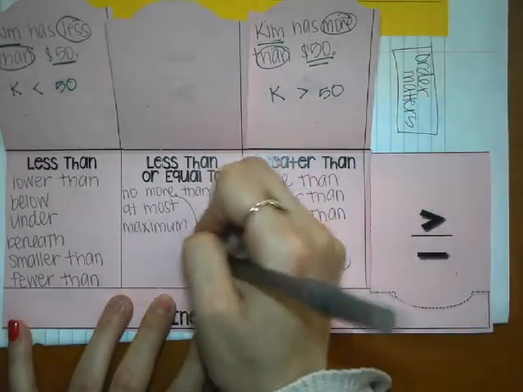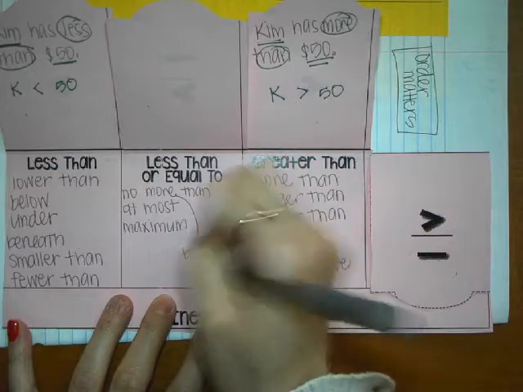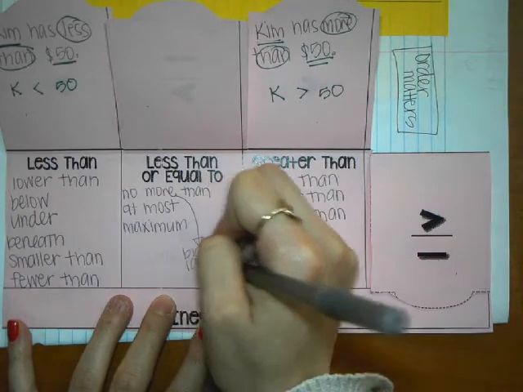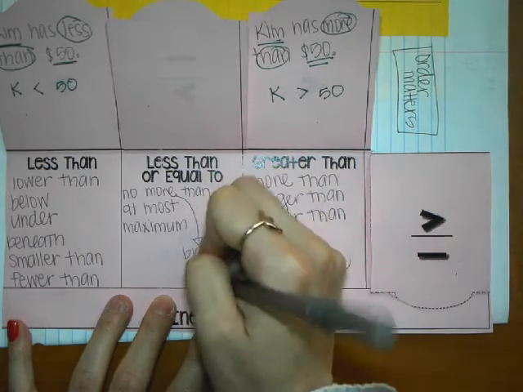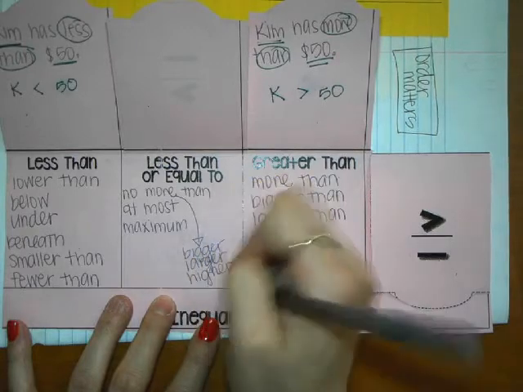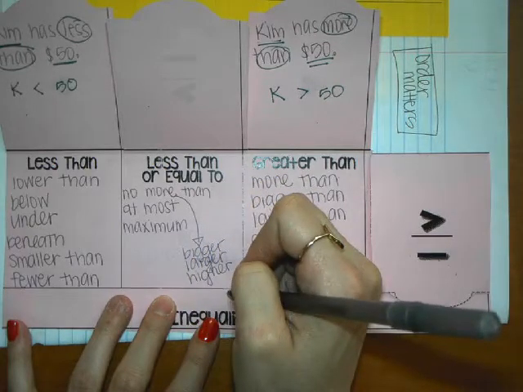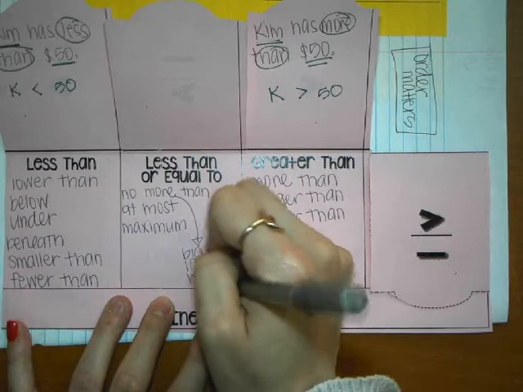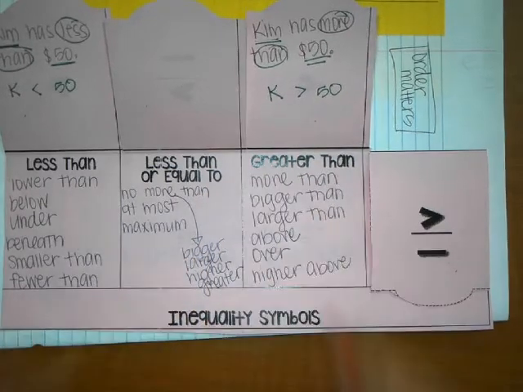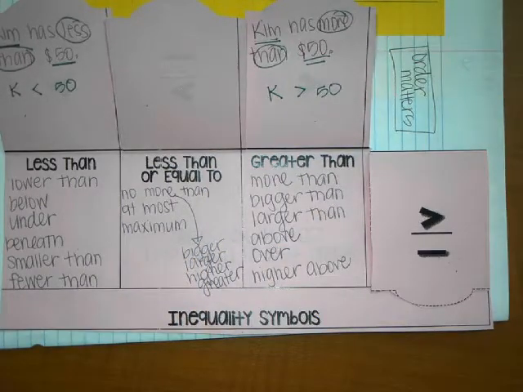No larger than. No greater than. I could replace more with the words bigger, larger, higher, greater, and it would still mean the same thing. So all of those words that we see mean less than or equal to.